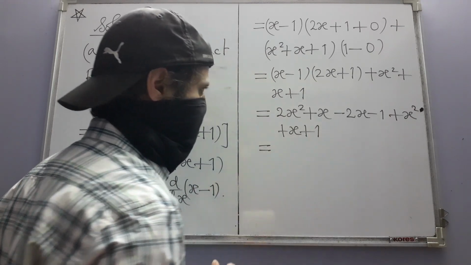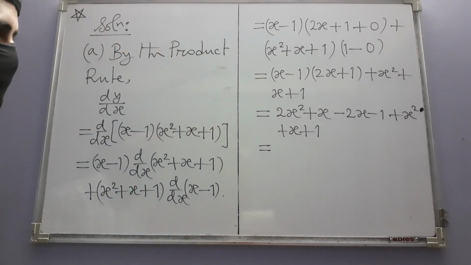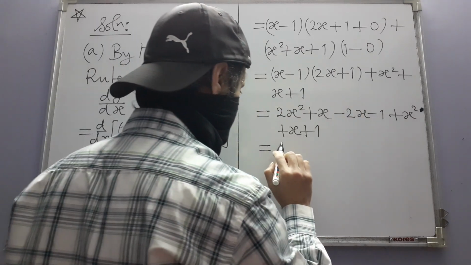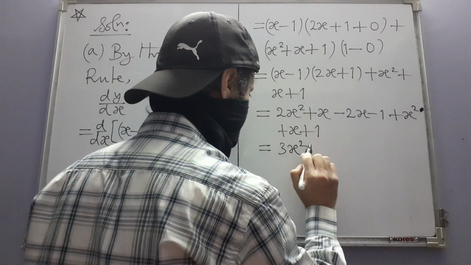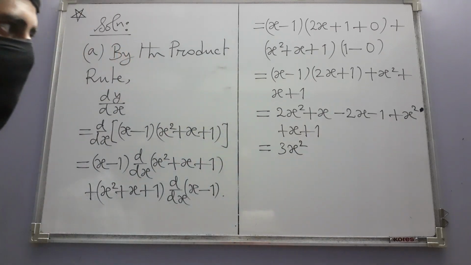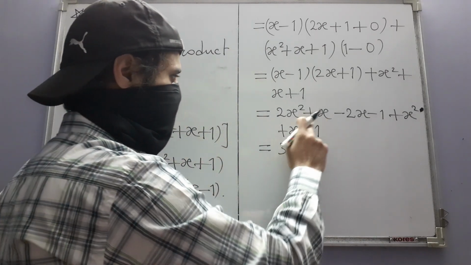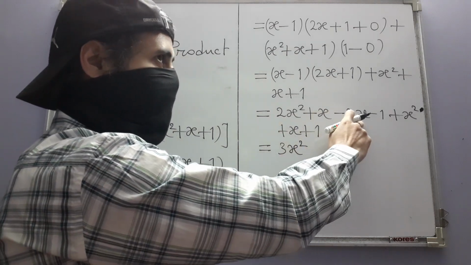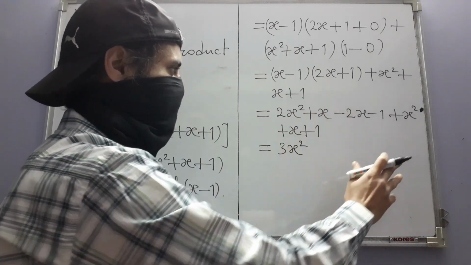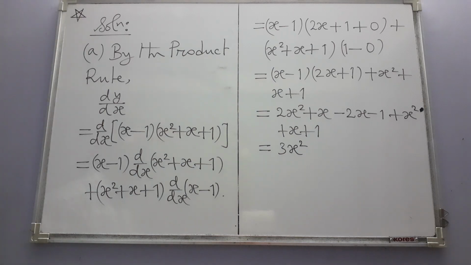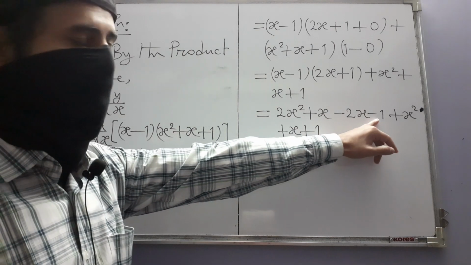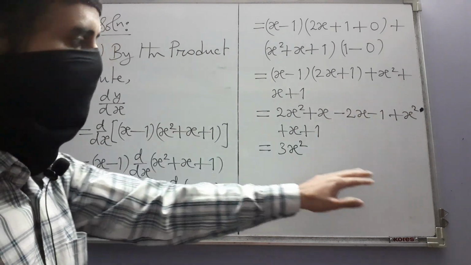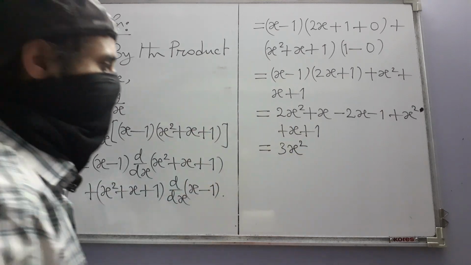Now further simplification will be there. 2x square plus x square is 3x square. The square term is the highest degree term. X plus x gives you 2x, but we already have minus 2x, so ultimately we are not going to have any x term. Similarly, 1 and minus 1 cancel each other, so we just have 3x square.